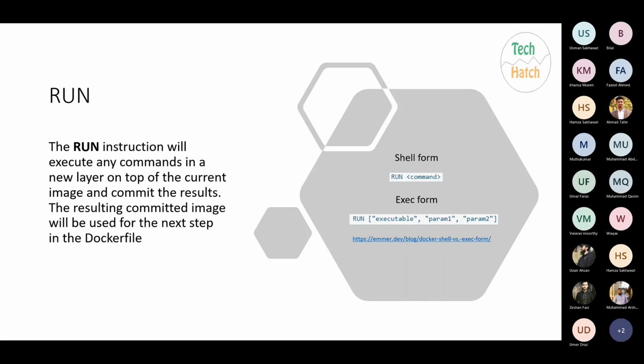Exec form is a syntax in a JSON manner, with square brackets in our instruction. We have an executable as the first parameter, and then parameters for that executable. That executable can be anything, for example npm, and then we have parameters for what we're going to do with it. We're going to start it, test it, or build it. Whatever we need, we can pass in parameters.